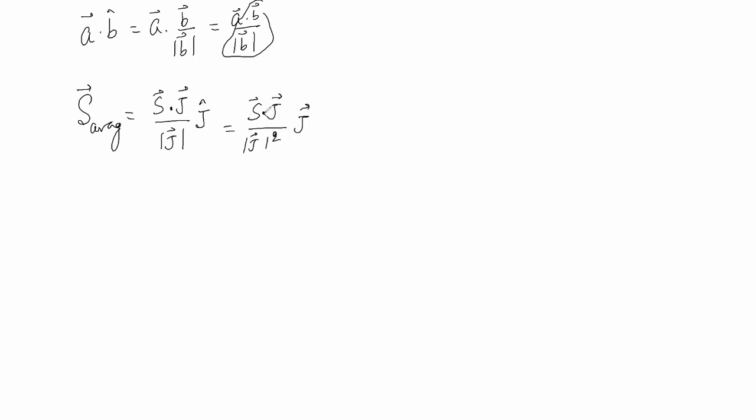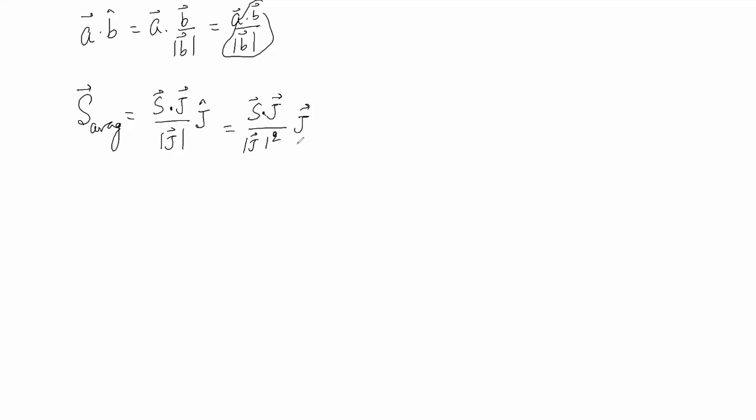Therefore, what we are supposed to evaluate is S dot J upon J square times the total angular momentum J. The expectation value of this would be obtained by getting the expectation value of this quantity.